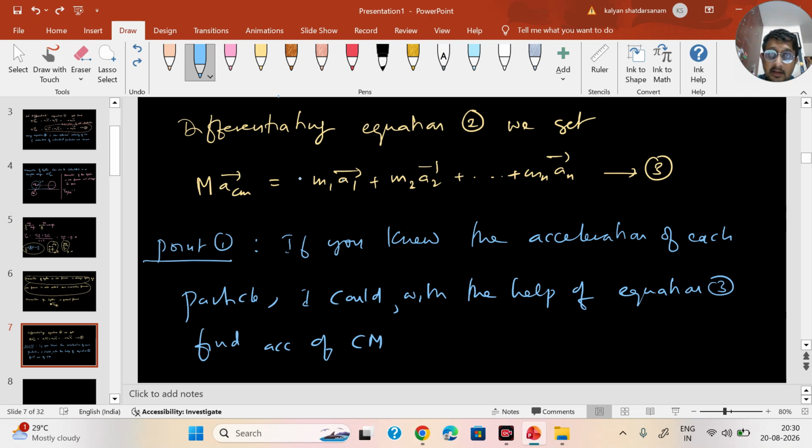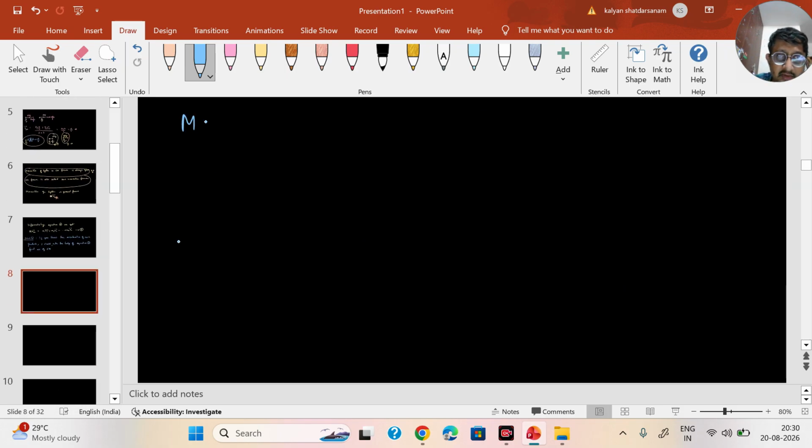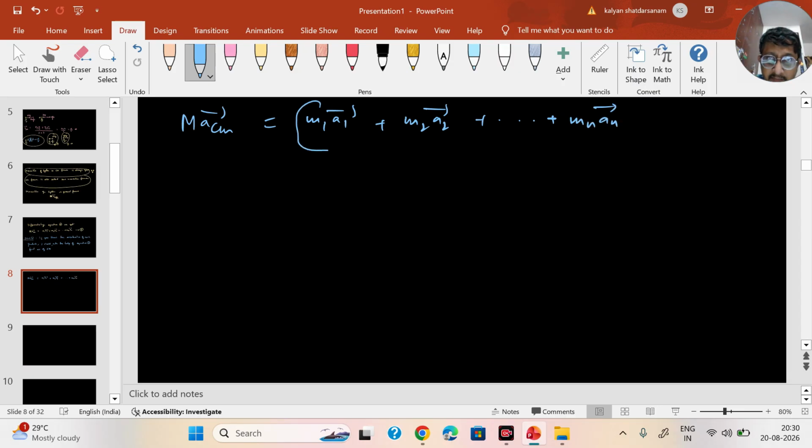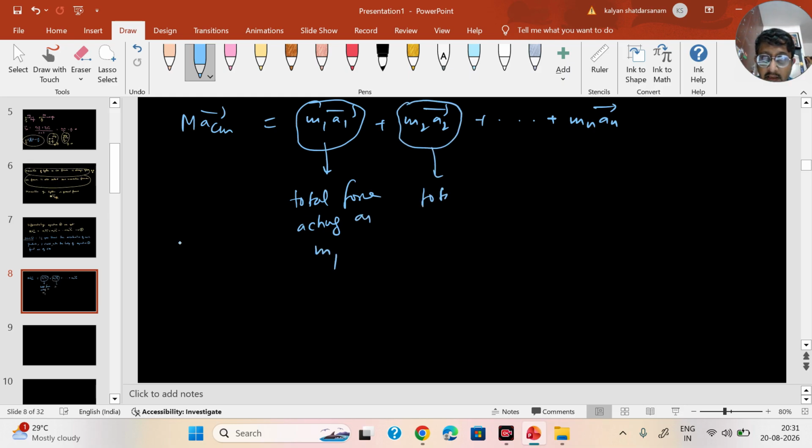So I'm going to write equation 3 again here on the next page. M into ACM is M1A1 plus M2A2 and so on, MnAn. So this term, by Newton's second law, gives total force acting on M1. Similarly, this gives total force acting on M2 and so on.